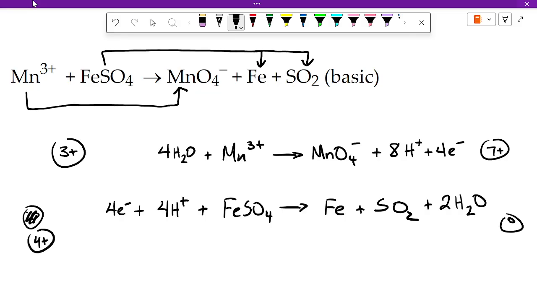Okay, so now, before I add these, I'm going to do my cancellation because I don't need to do any multiplication here. So I'm going to cancel my 4 electrons, and then hydrogen can turn into 4. And I can get rid of these 4 hydrogens. You could do the cancellation after you've added too, it doesn't matter. Oh, and look, I got waters on both sides. I got 2 waters here that turn into 2 waters there.